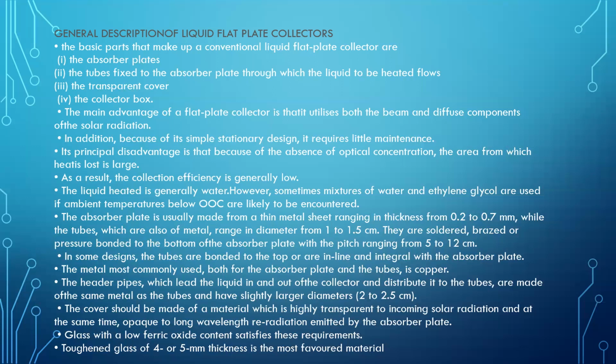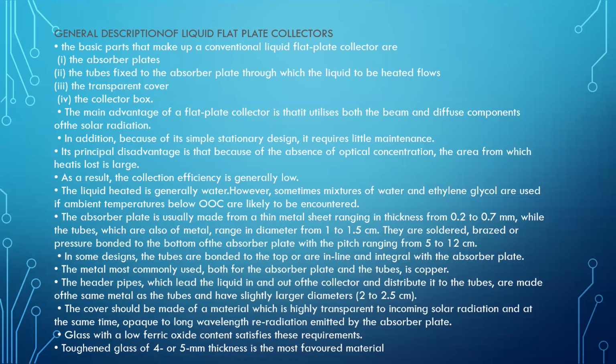As a result, the collection efficiency is generally low. The liquid heated is generally water. However, sometimes a mixture of water and ethylene glycol is used if ambient temperatures below 0 degrees Celsius are likely to be encountered.